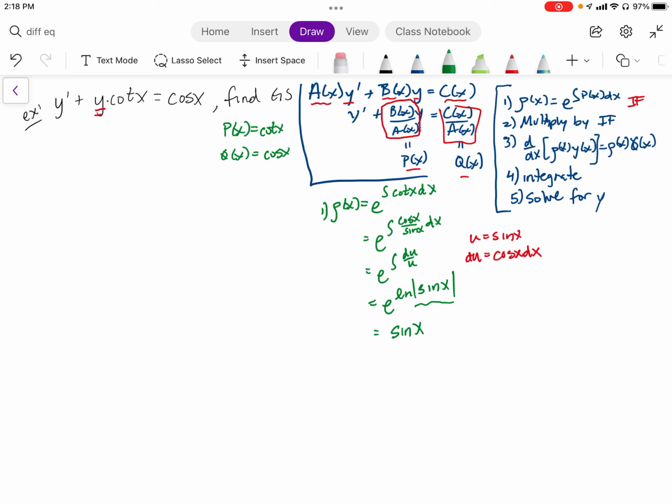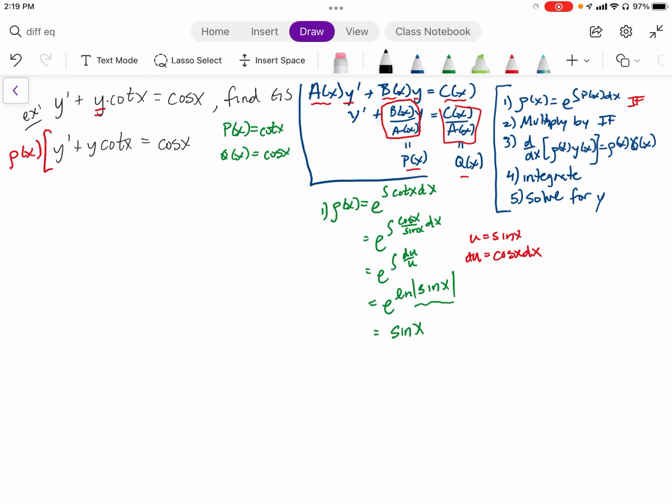That's rho. So step two, multiply everything by rho. So therefore we would have, I'm just going to write it like this to show we are in fact doing that.